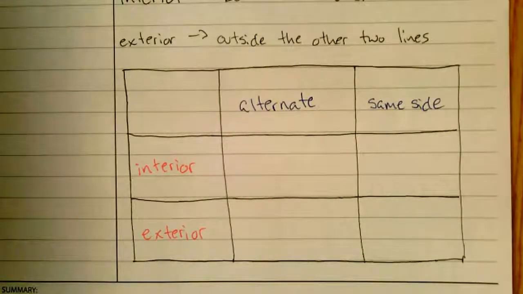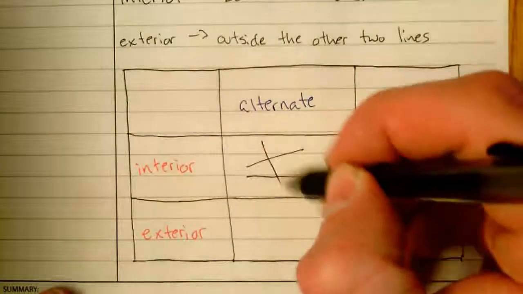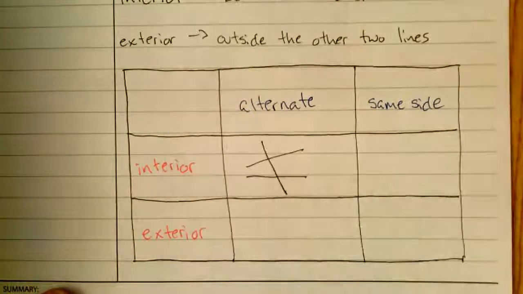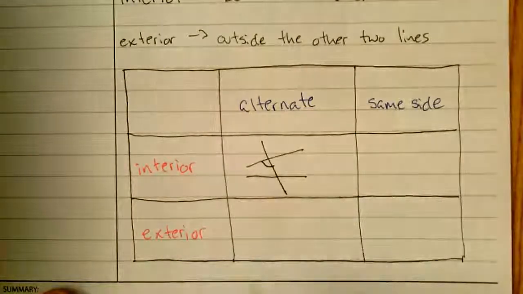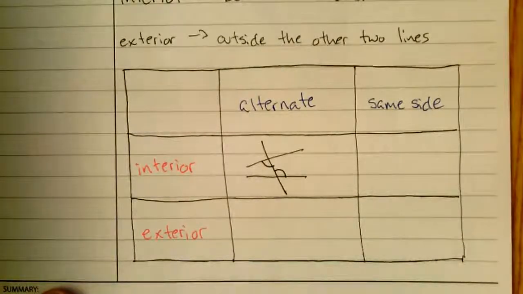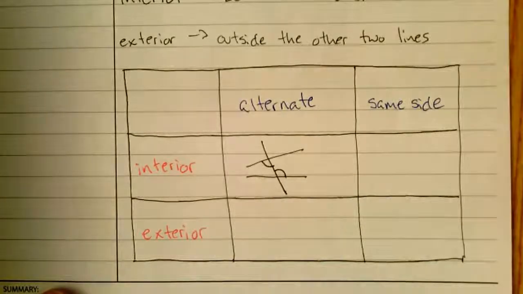Okay, let's draw some diagrams here. We have in between the lines, opposite sides of the transversal. So there's an angle there, and an angle there.